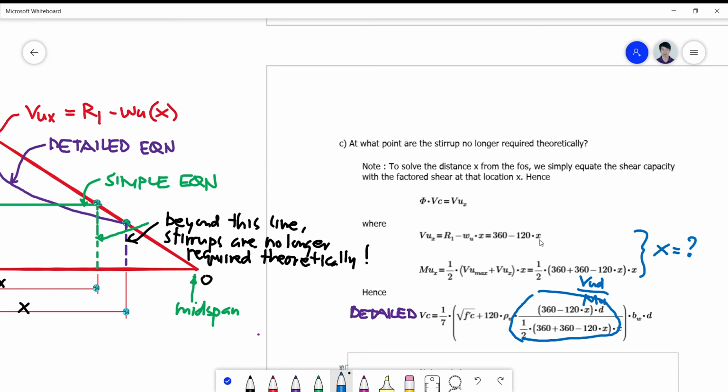Take note that again, the moment at that point can be computed by simply getting the area of the trapezoid, which represents the moment at the point in which the stirrups are theoretically not required.